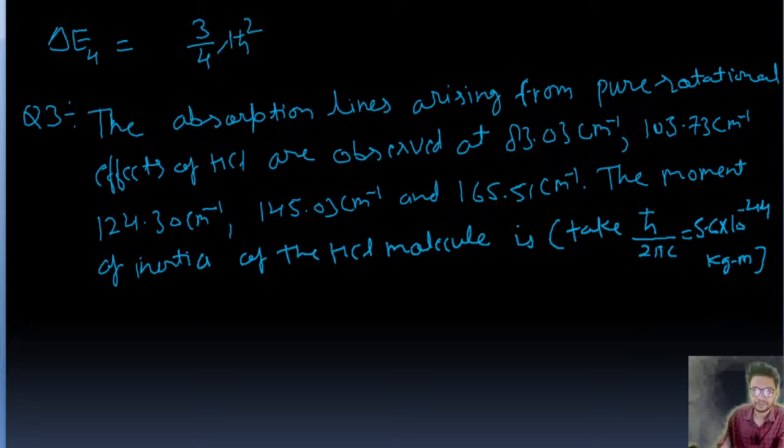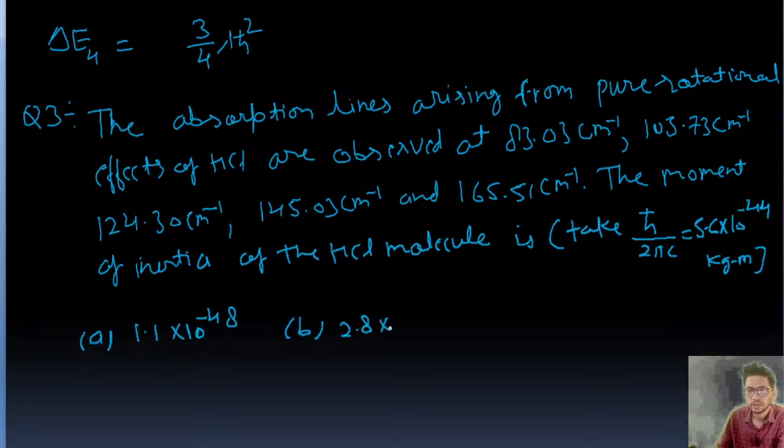Options are: option A is 1.1 into 10 to the power minus 48. Option B is 2.8 into 10 to the power minus 47.